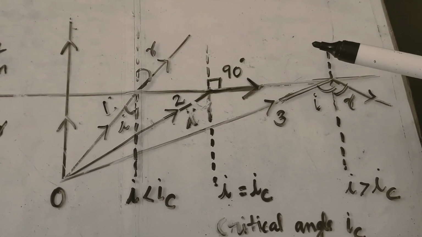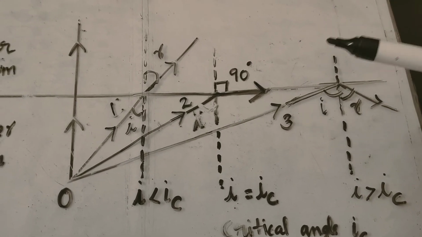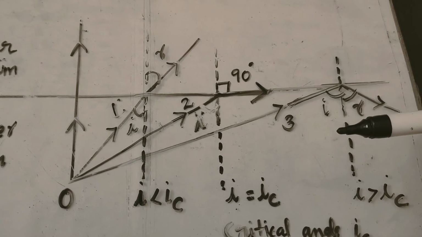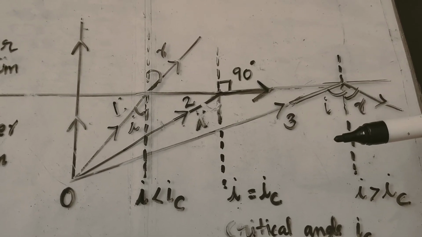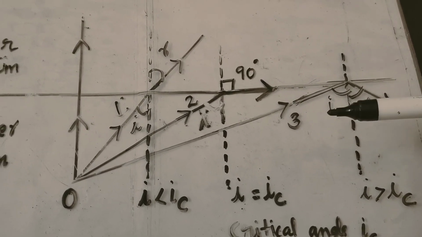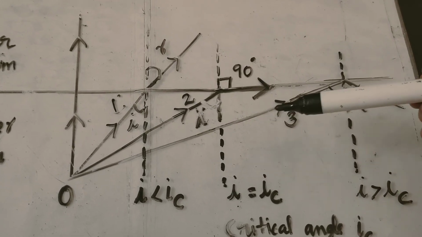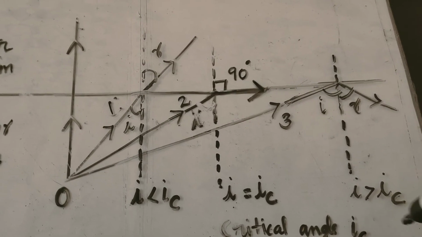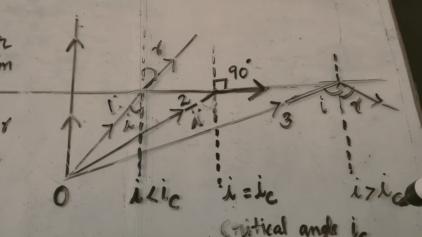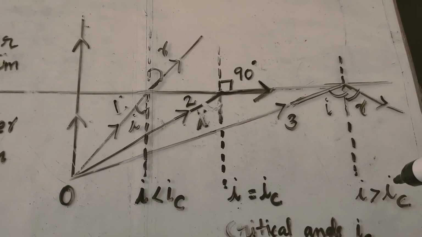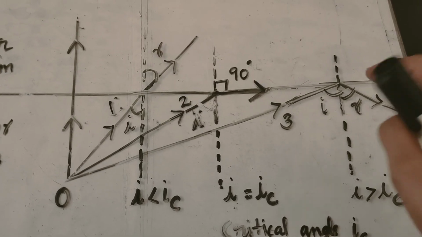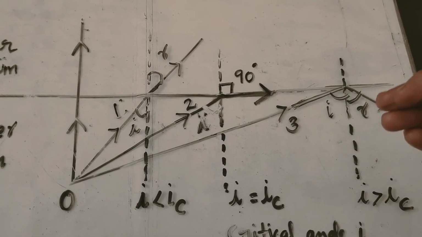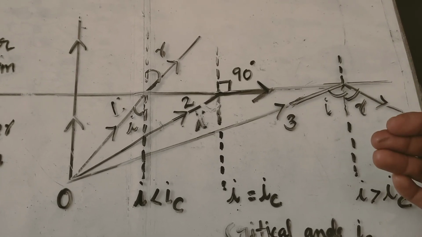We can see that the whole light is reflected back into the denser medium. When the angle of incidence is greater than the critical angle, no light is refracted into the rarer medium, but the whole of it is reflected back into the denser medium.